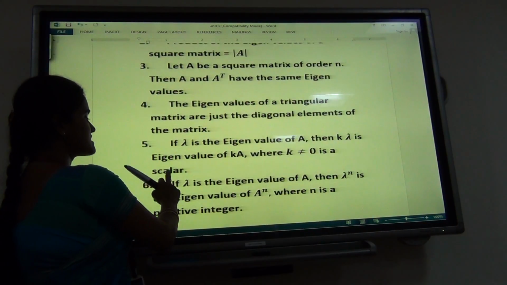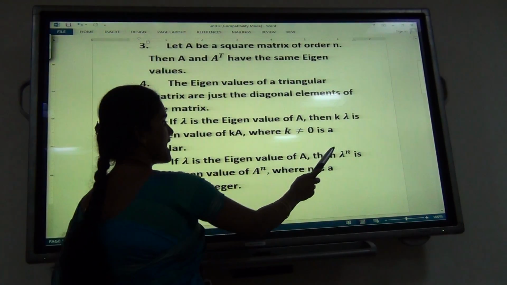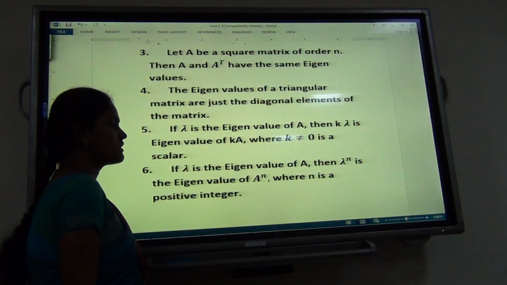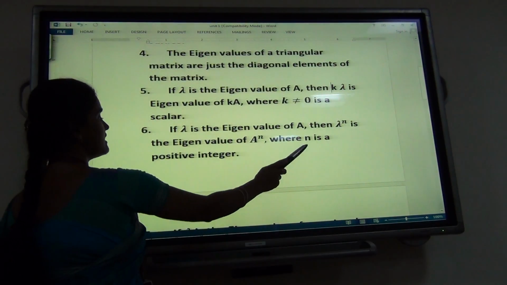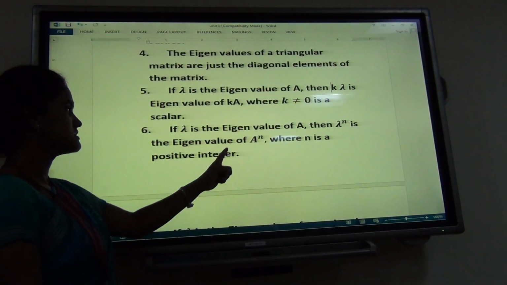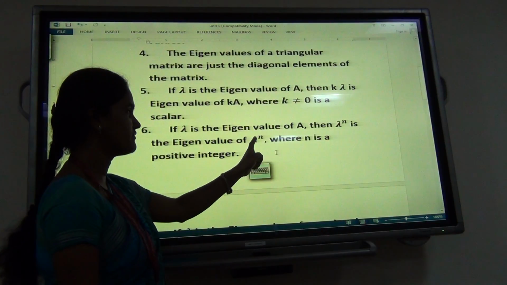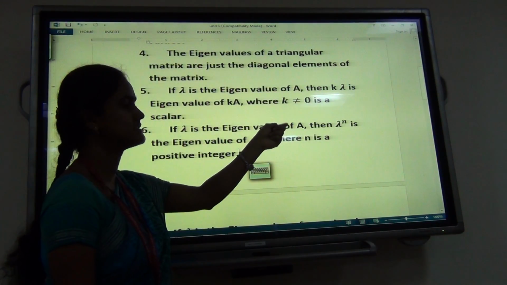Okay. And the next property is: if lambda is an eigenvalue of A, then lambda power n is an eigenvalue of A power n, where n is a positive integer. If we take A power 1, it is nothing but A. If we take A power 2, that is A square.